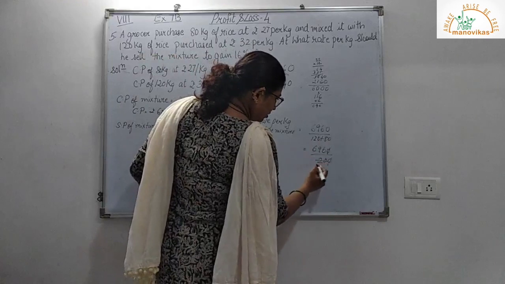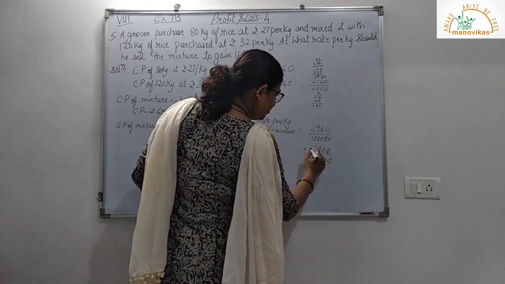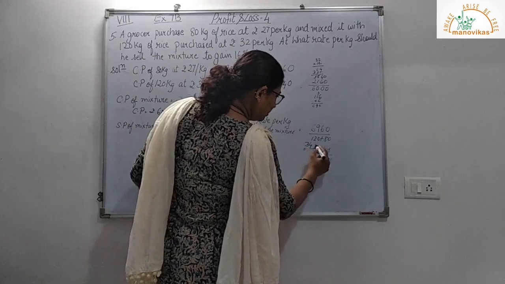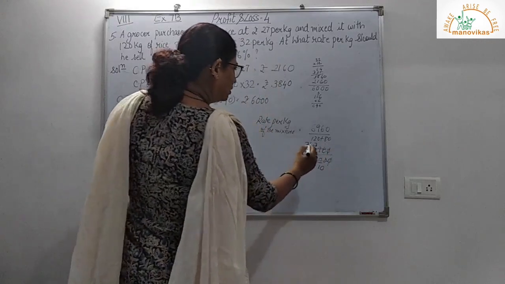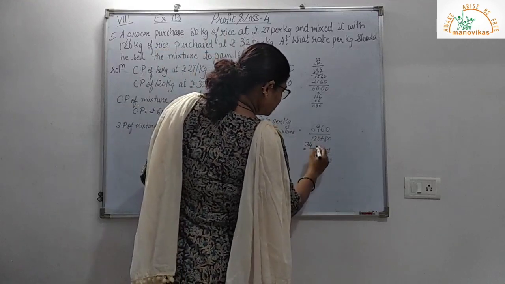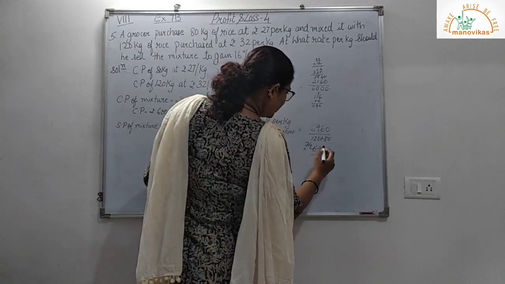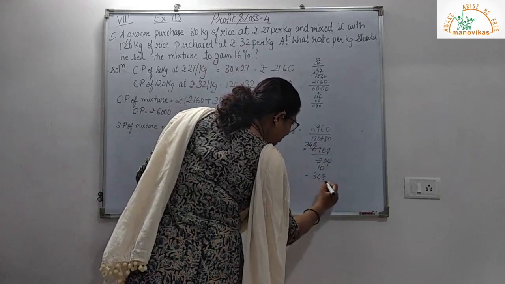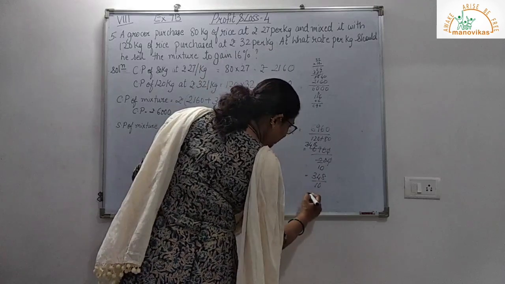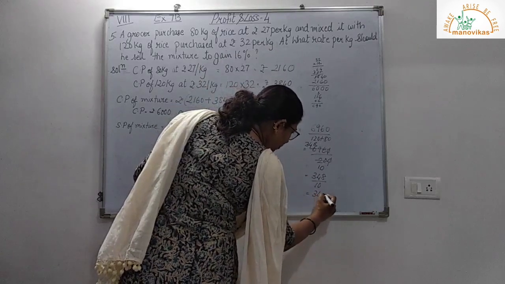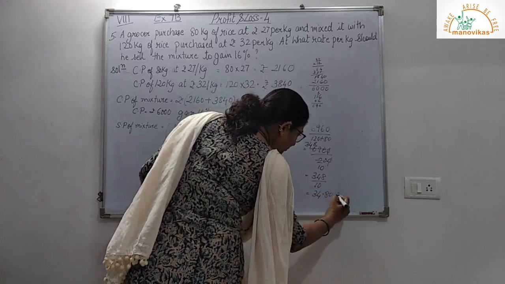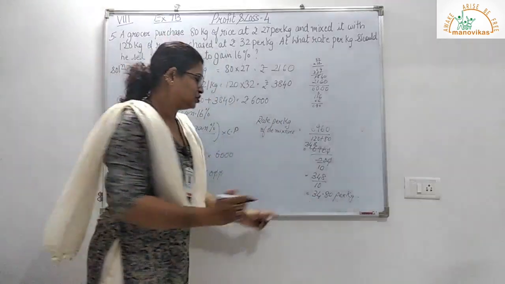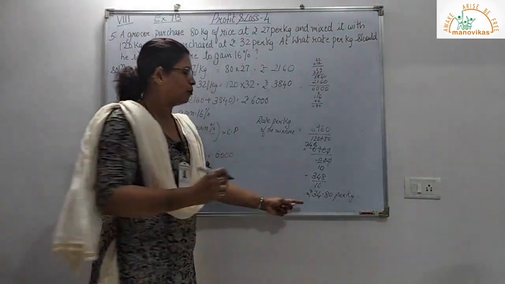Now we cancel this out. So I get it as 348 divided by 10. So 1 decimal place. So I get it as 34.80 per kg. So this is the rate per kg, that is rupees 34.80.